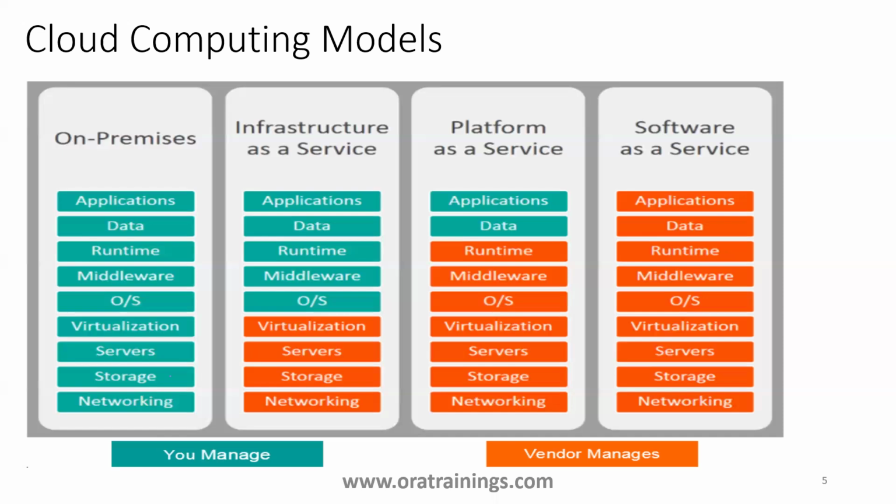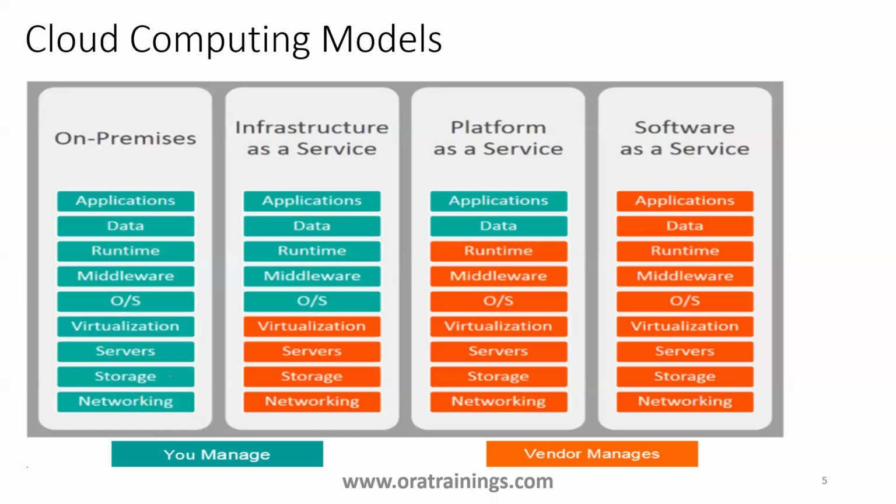Now, coming to platform as a service, it is a little bit different from IaaS. In the IaaS model, the DB installation, everything has to be taken care of by the DBA. But in PaaS, what will happen is the application, nothing but the software. Let us say I require a database application on my server. Then in platform as a service, I just simply subscribe to the database license.